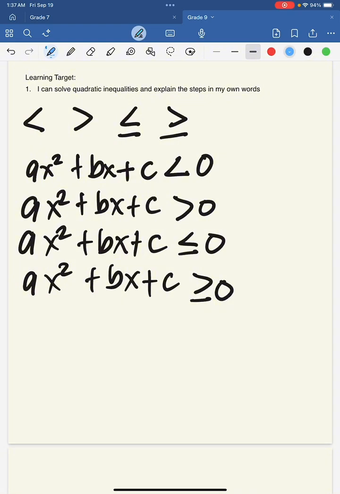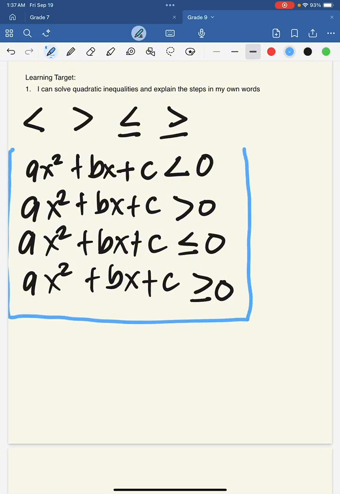Any of the four here satisfies our quadratic inequality because, again, the degree of the expression is 2, as you can see here, 2, 2, 2, and 2. And we have our symbols of inequality here.